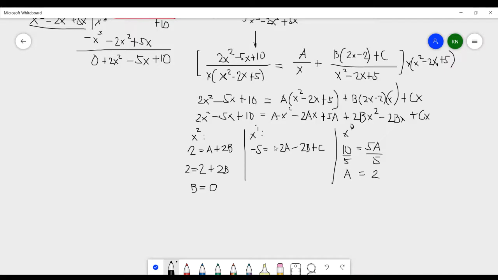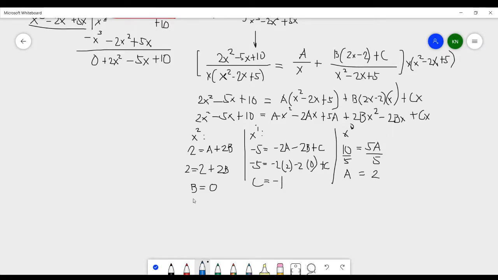Now for the value of our c, we can substitute the value of our a and b. So we get negative 5 is equal to negative 2 times 2 minus 2 times 0 plus c. So basically, the value of our c is negative 1.